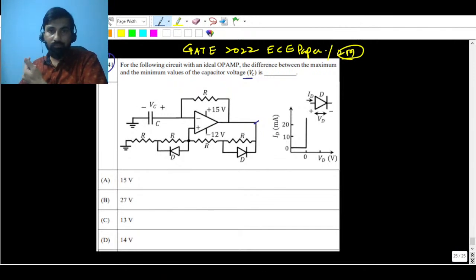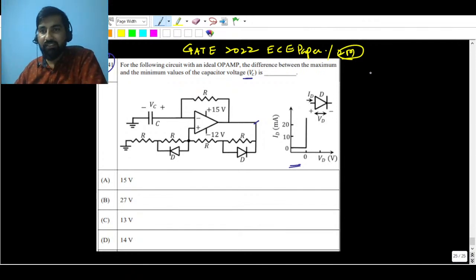These are the power supplies, and diodes are connected. If you have studied oscillators, positive feedback, or Schmitt trigger concepts, you can solve these kinds of questions. They have also given the ID versus VD characteristic for the status of the diode.